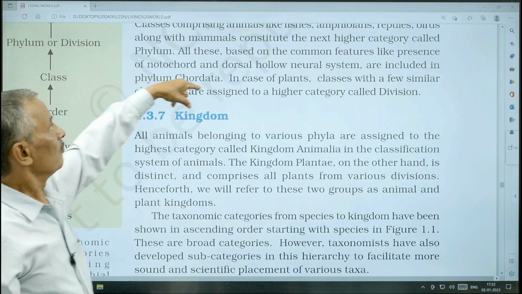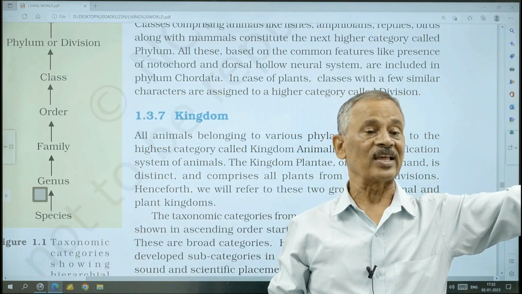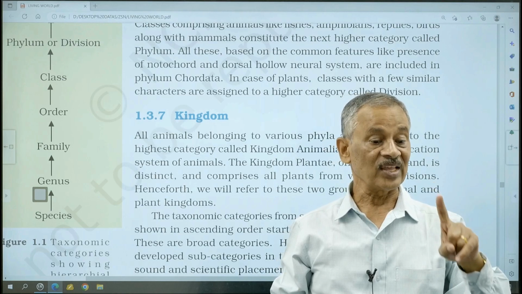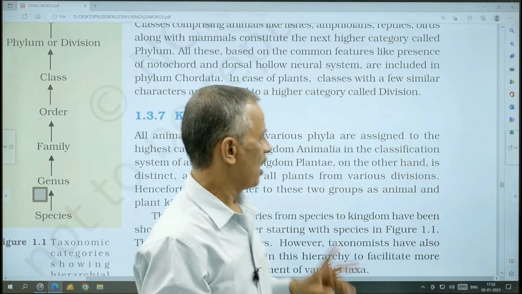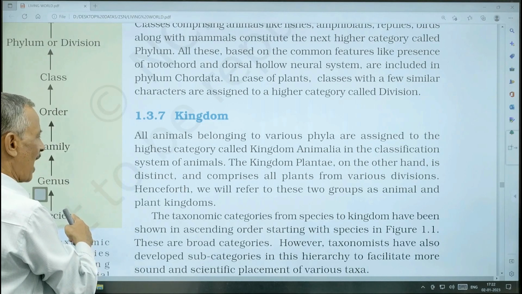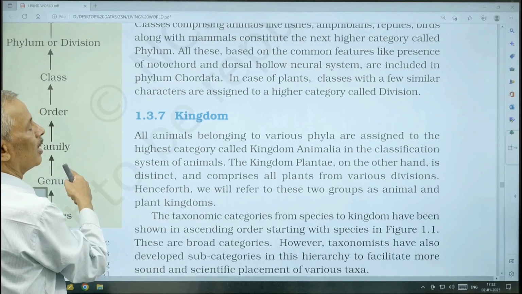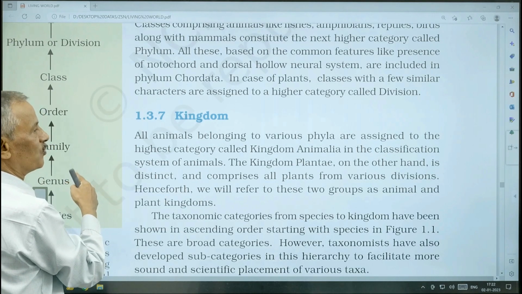That's why we say that our hierarchy is an ascending one. Another important point: in a species, all members are identical, but in a genus, they are not so identical. They will be differing.